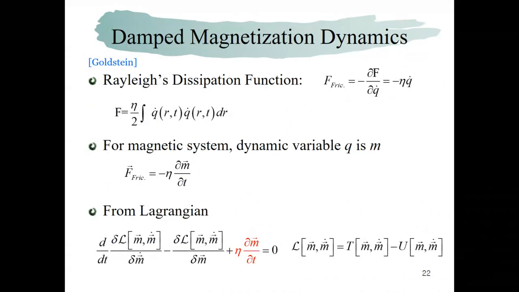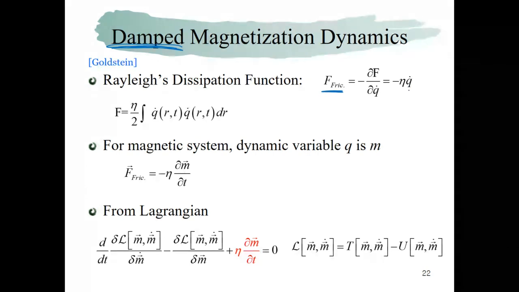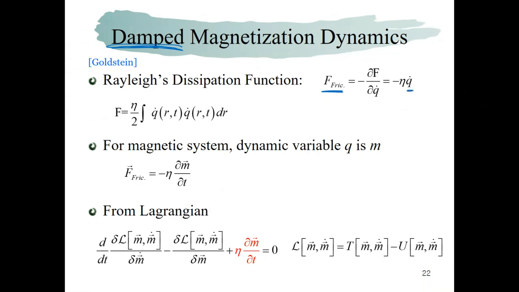Okay, so let's introduce the damping term. Here we introduce the so-called Rayleigh dissipation function. The friction force is proportional to the velocity of the dynamic variable of the system. This is nothing but the velocity.